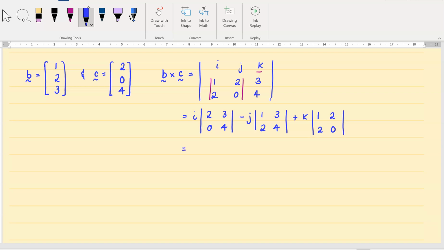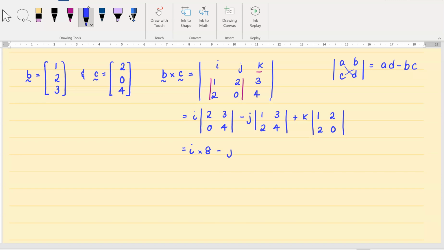And what we do now is this represents the determinant. So if you remember A, B, C, D, the determinant, we cross there, we go A times D minus B times C. So we keep our I, and we end up saying 2 times 4, so we get 8, minus 0 times 3, which is 0.